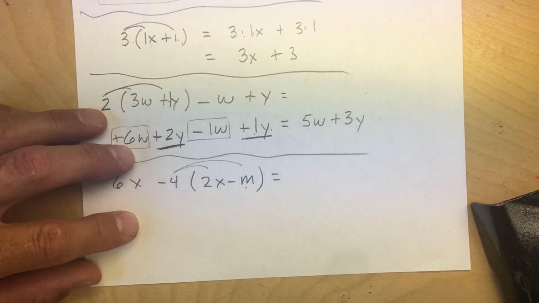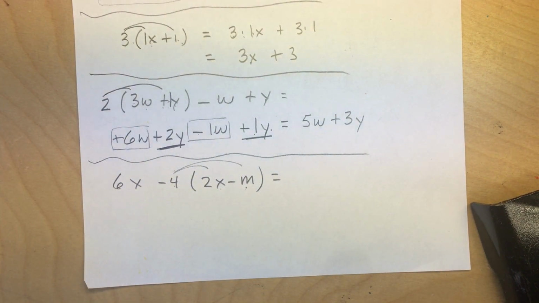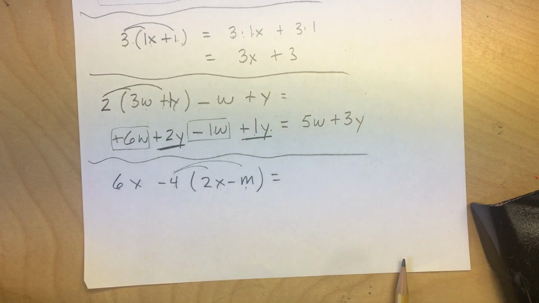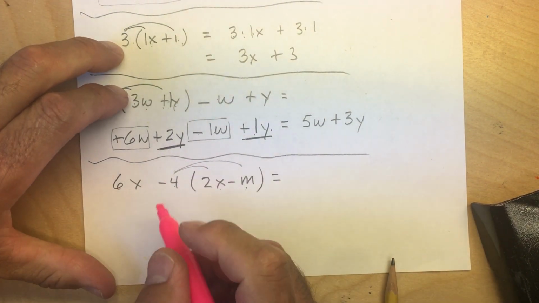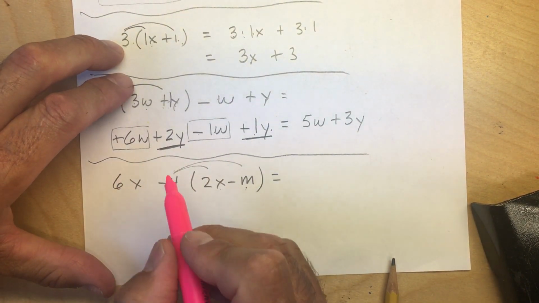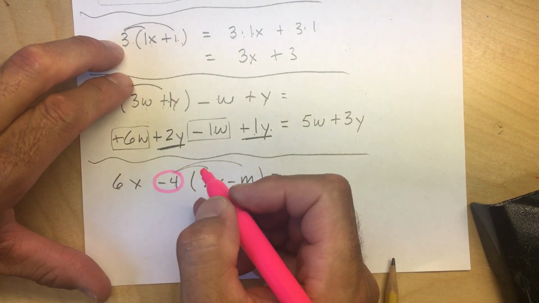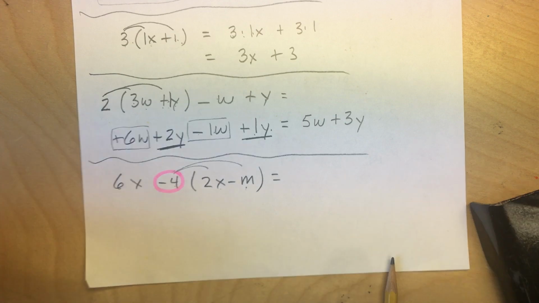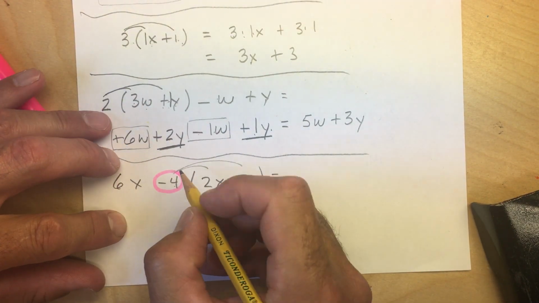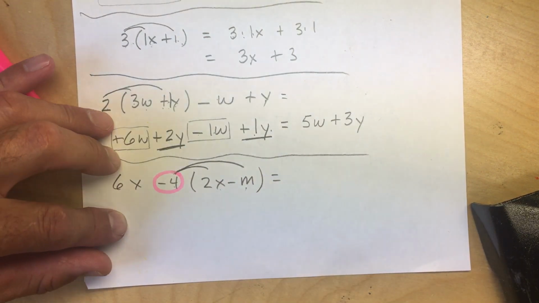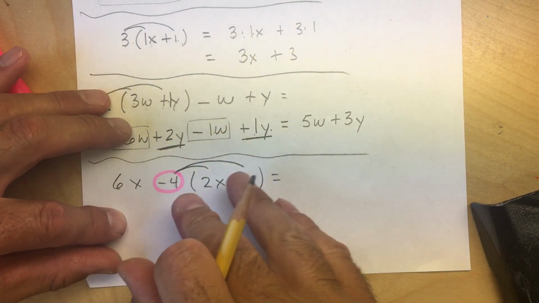Now here is the most common mistake that young mathematicians make. What we have to do is we have to consider what this number is. It's not 4, it's negative 4. Okay? So we have to distribute this negative 4 inside the parentheses. The other thing that we have to do is we have to do this in order.